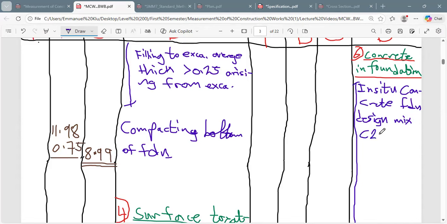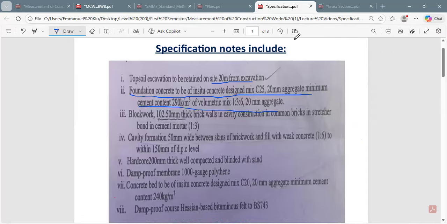C25, 20 mm aggregate maximum, minimum cement content.